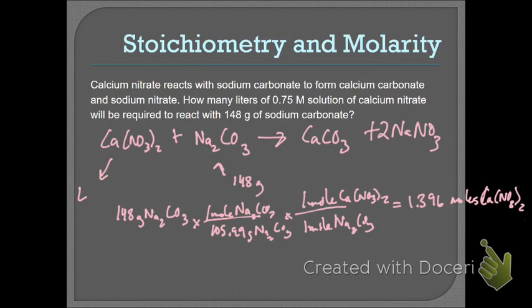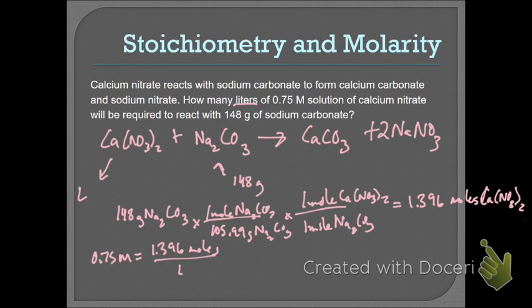Okay, so now I have the moles of calcium nitrate. I want to figure out the volume. So I'm going to use the molarity equation, right? So 0.75 molar equals 1.396 moles over the liters. So if I do that, you get around, let's see how many sig figs.